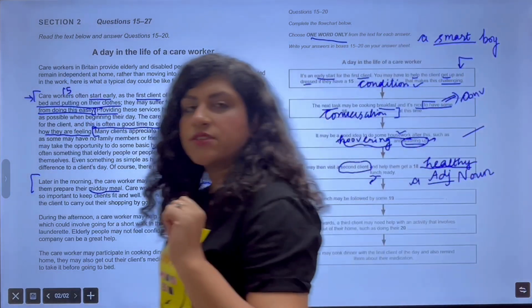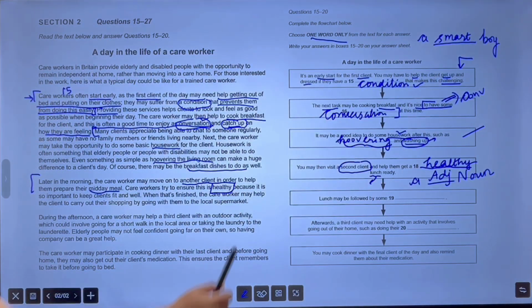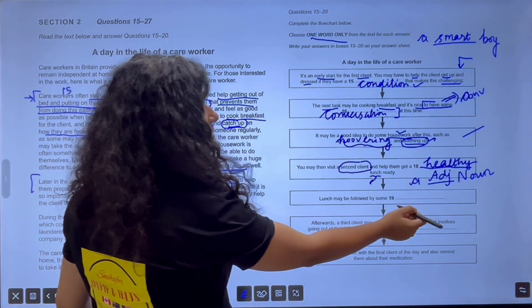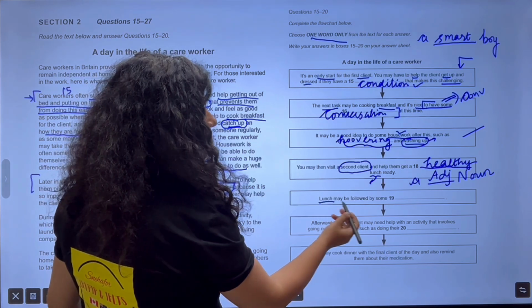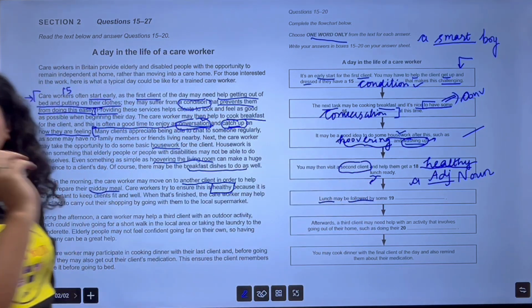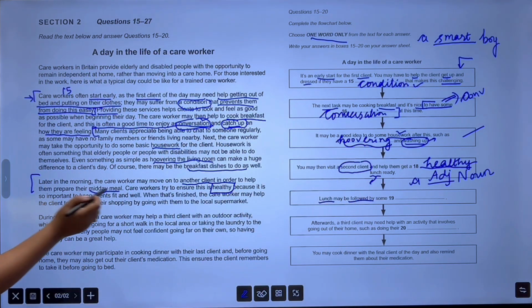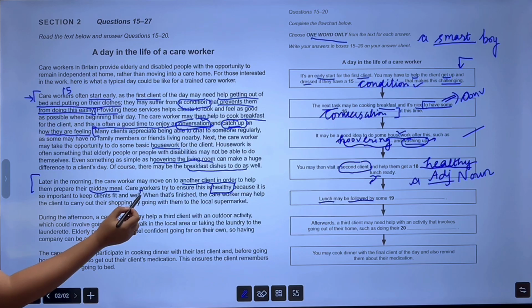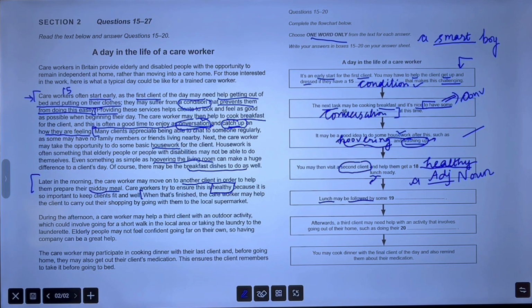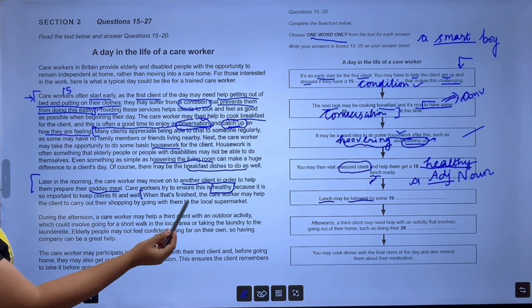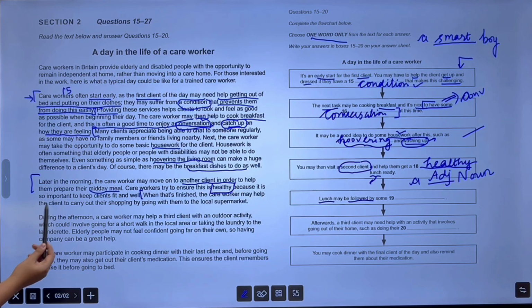Then the next question says, lunch may be followed by some dash. So lunch is followed by something that we have to find. Again, we start reading from here and scan the keywords. When that's finished, the care worker may help the client to carry out their shopping by going with them to the local supermarket.